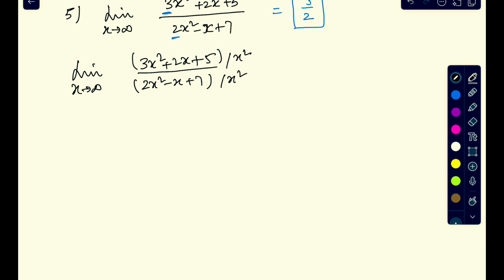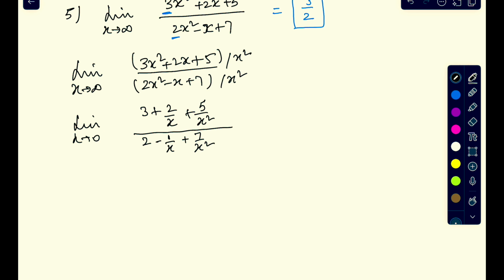We can do that, right? So the expression will become 3 plus 2 over x plus 5 over x squared, and this will become 2 minus 1 over x plus 7 over x squared.